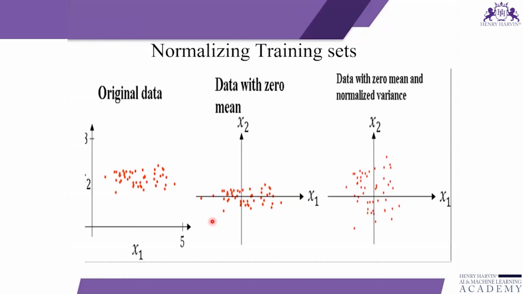We used to normalize the data between 0 and 1, or normalize it with a 0 mean and 1 standard deviation. We studied this in machine learning. Intuitively, if this is the actual data with X1 and X2, you can see that the scale of both these values is different.